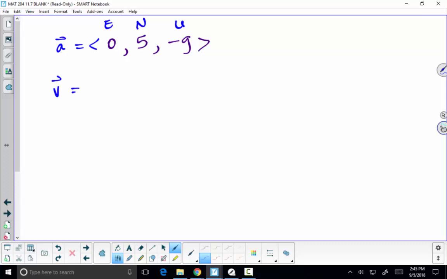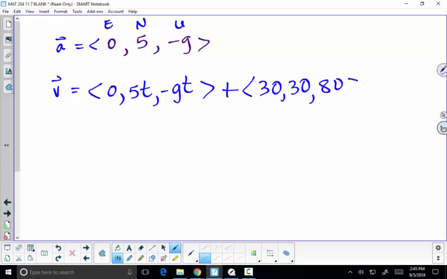All right, so our velocity vector, when we integrate this, we're going to have our constants, and then our constant vector that we add. Didn't they tell us 30, 30, 80? Right, that was the initial velocity vector that was given. So when we integrate and we set time to be 0, the constant is the initial velocity vector.